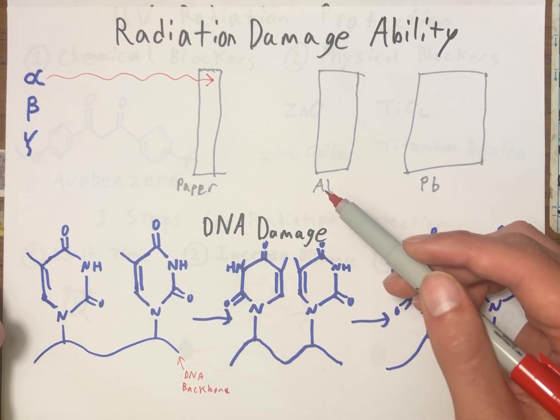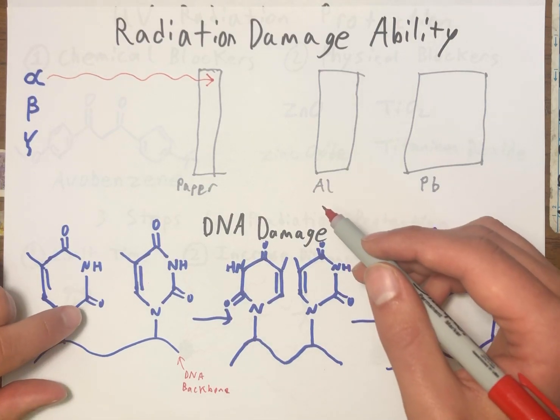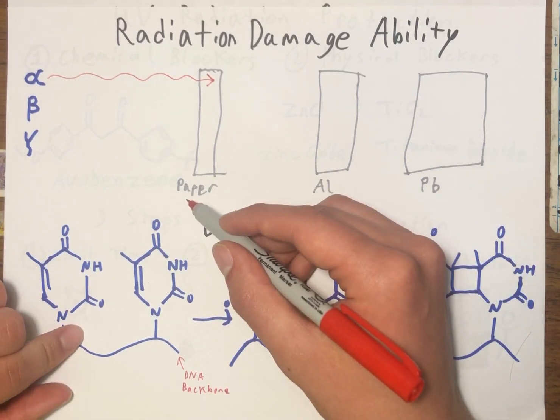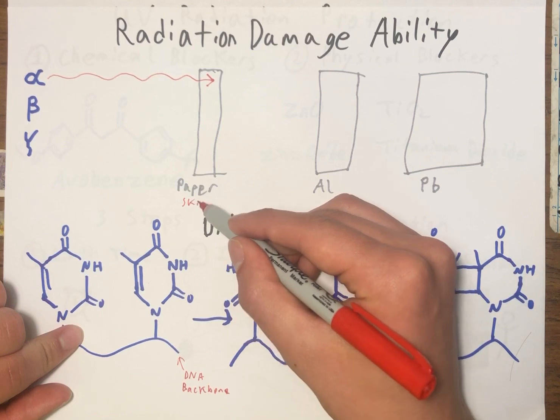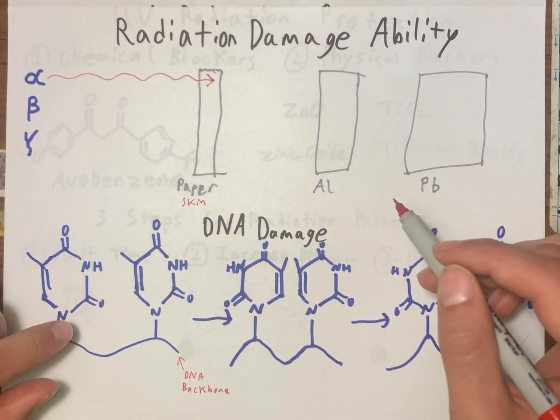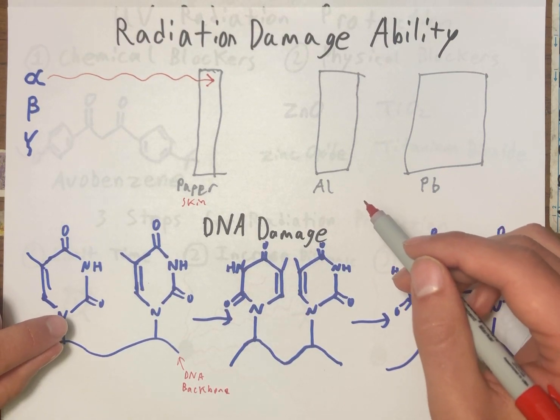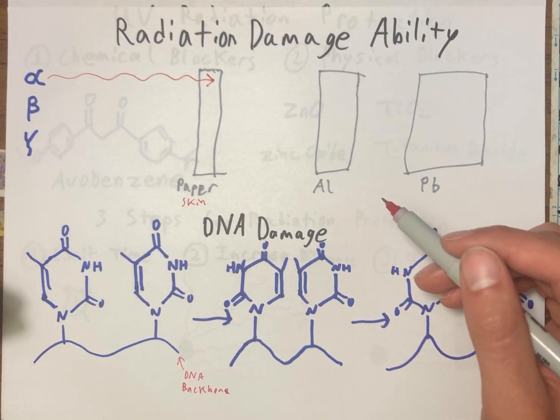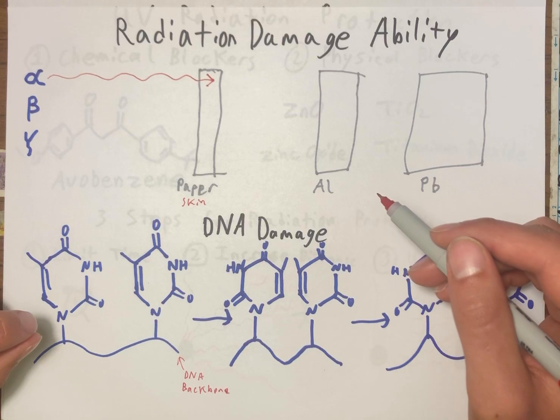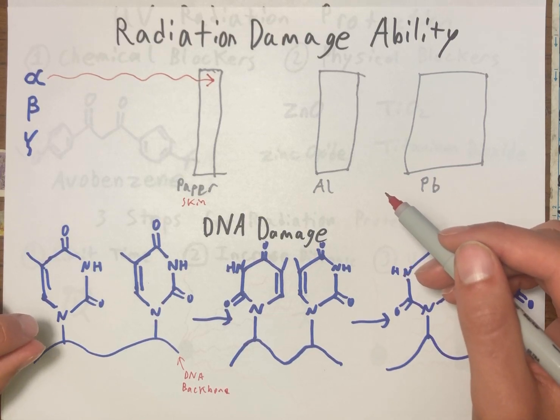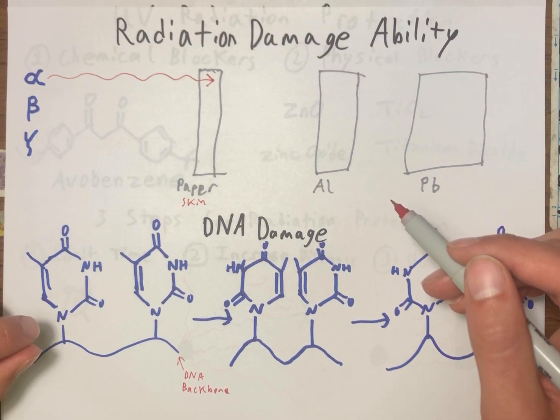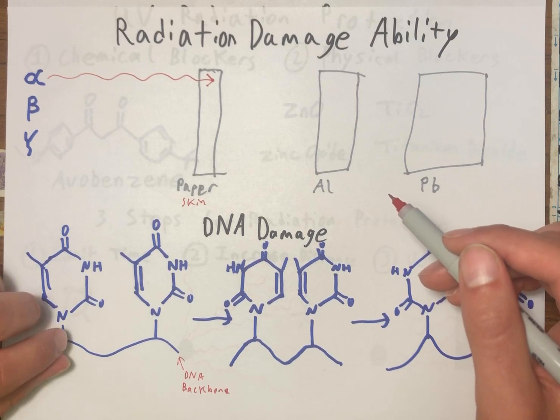So it's easy to block. And paper we can equate to our skin. Often our skin can very readily block alpha particles, and knowing that our skin is mostly made up of dead cells in our dermis, we can be quite safe when compared to other radiations.